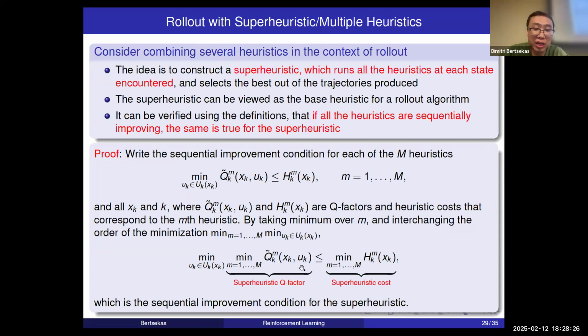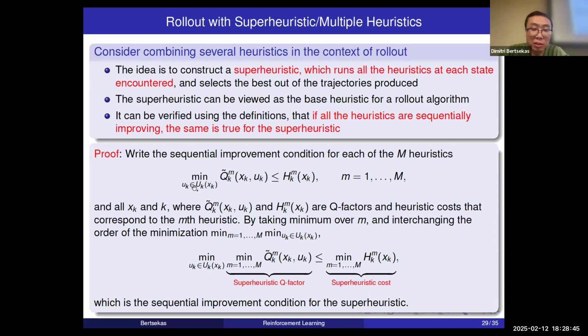So for every uk, we run M heuristics and minimize over those Q factors. And that is the Q factor of the super heuristic.